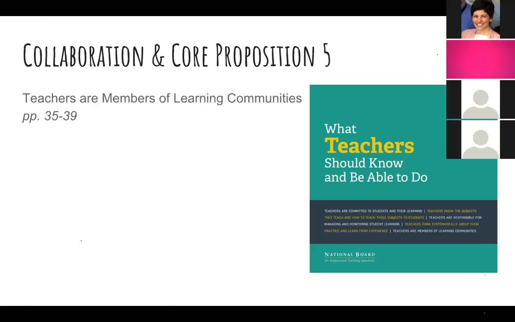These sections within pages 35 through 39 are: teachers collaborate with other professionals to improve school effectiveness, and teachers work collaboratively with families, which is something that every one of you is really addressing in our chat box, and teachers work collaboratively with the community. And those ideas should sound very familiar to what you need to demonstrate within this component.